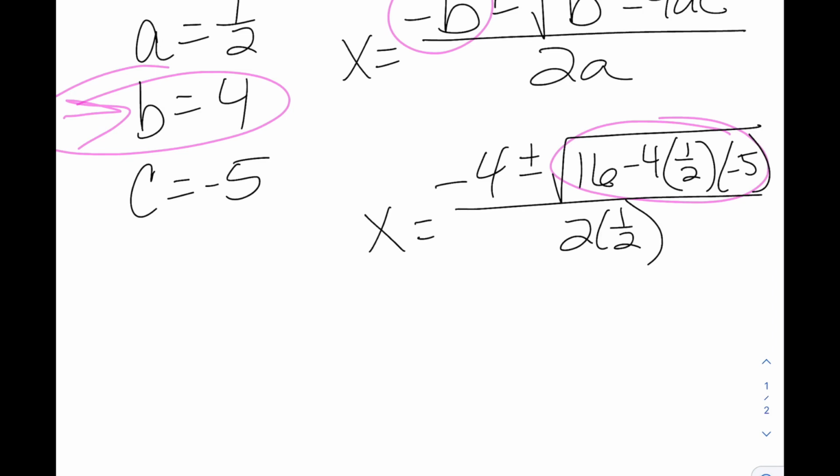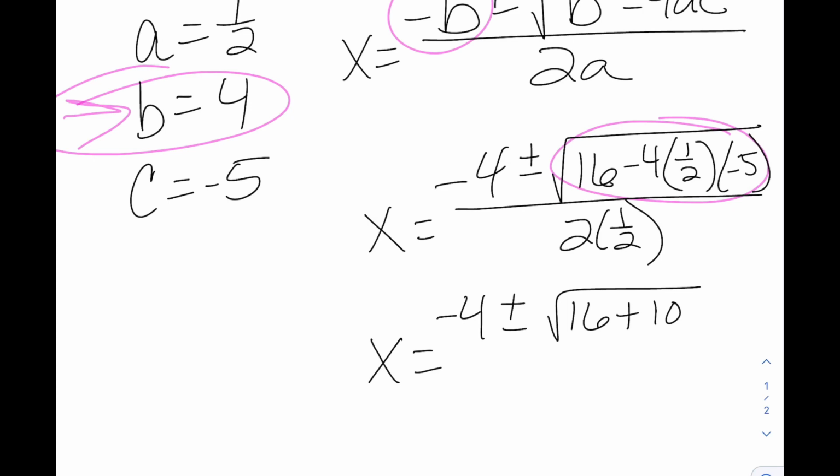So I'm going to keep going here, and I'm going to do negative 4 times 1/2 is 2, and 2 times 5 is 10. The negative times negative is a positive. Be very careful of the signs here.